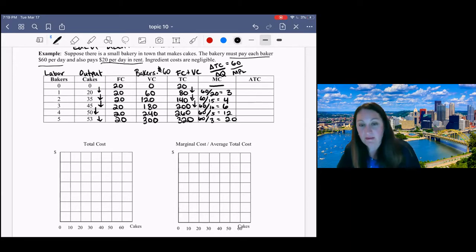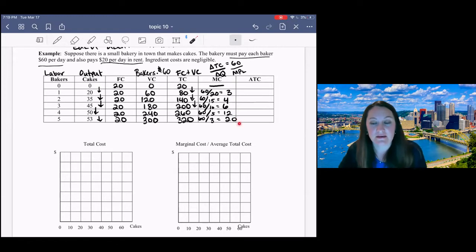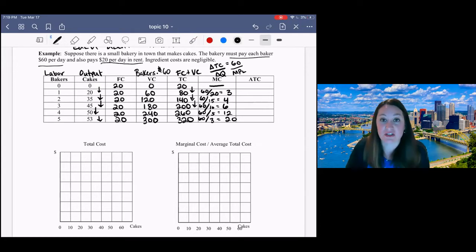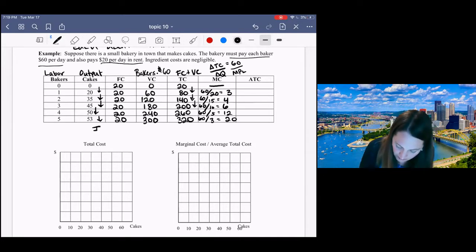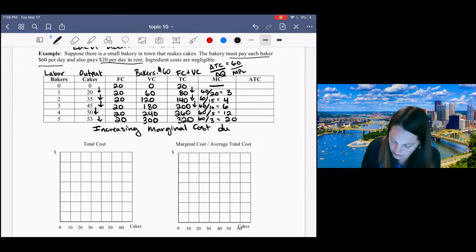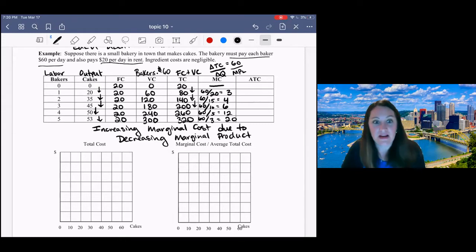Right, so I've got my marginal cost here, and one thing I want you to notice about marginal cost is that it is increasing. Marginal cost will always be increasing because we've assumed diminishing returns to scale, or in other words, our marginal product is decreasing. We have increasing marginal cost due to the decreasing marginal product, right?